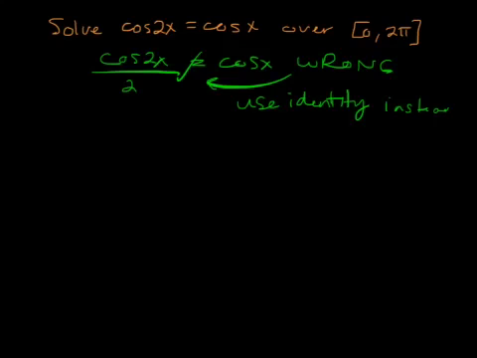Okay, and what identity am I talking about? Actually, I would like to put this in a different color. That cosine of 2x is equal to, and actually there are multiple ones for cosine of 2x, but cosine of 2x is actually equal to cosine squared minus sine squared.